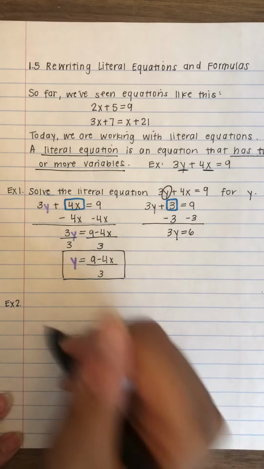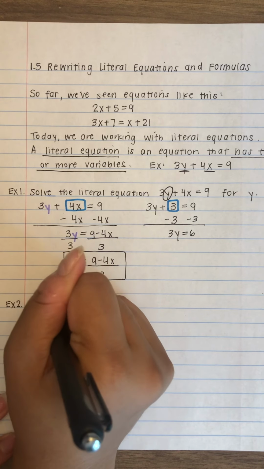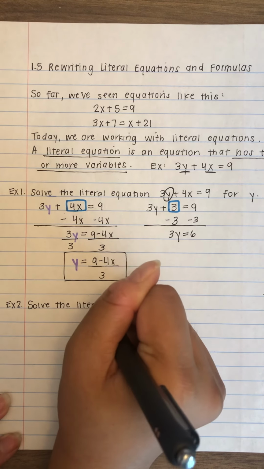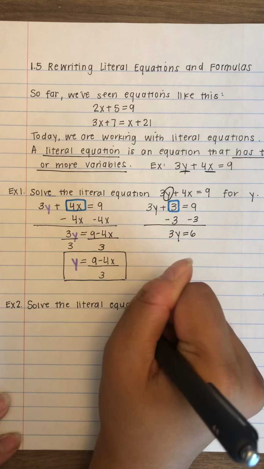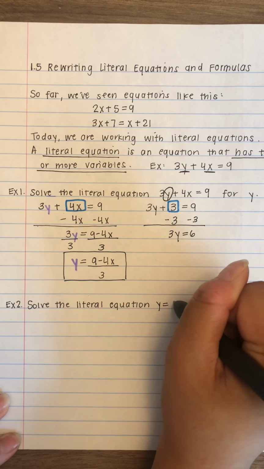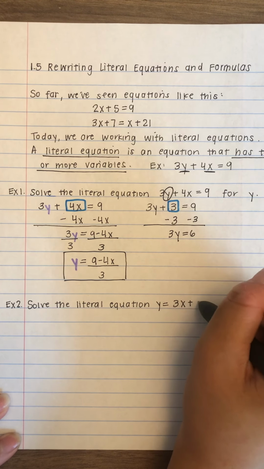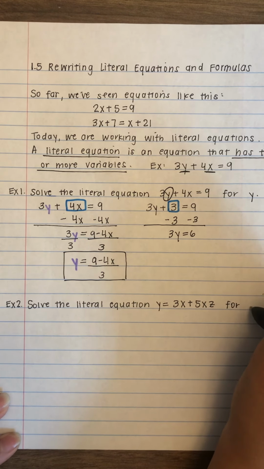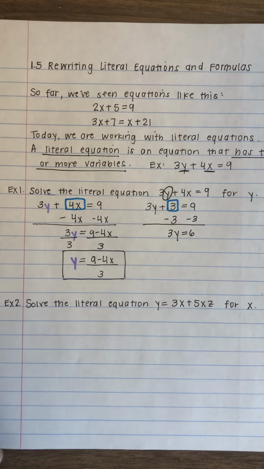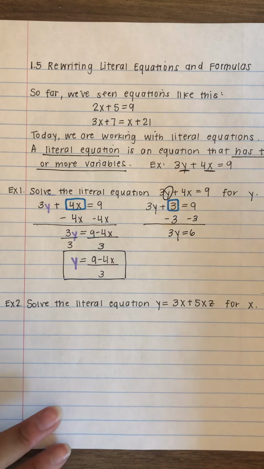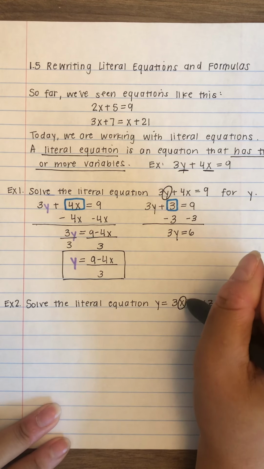So for our second example, we're going to solve the literal equation y equals 3x plus 5xz, and we're solving it for x. Again, to remember what variable we're solving for, we can go ahead and circle that variable.